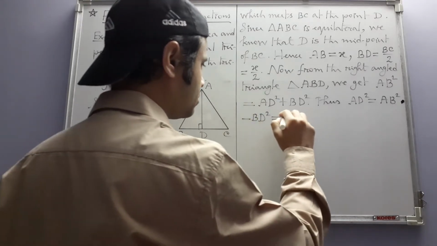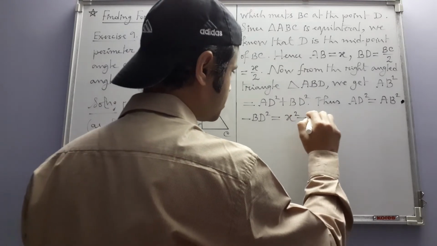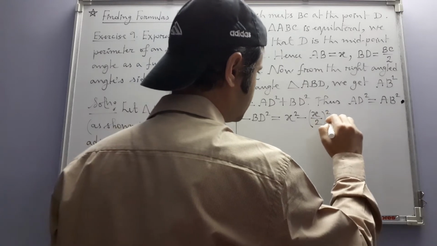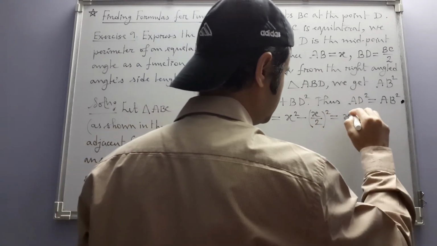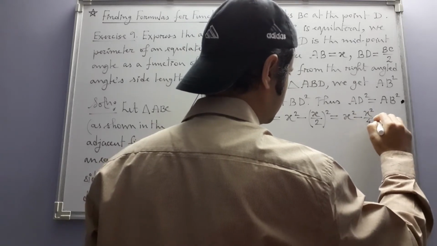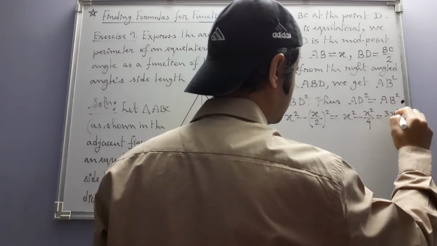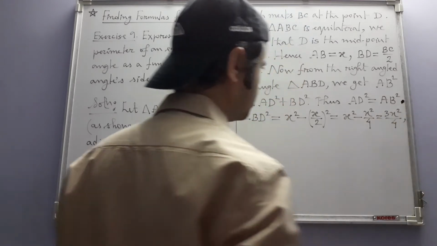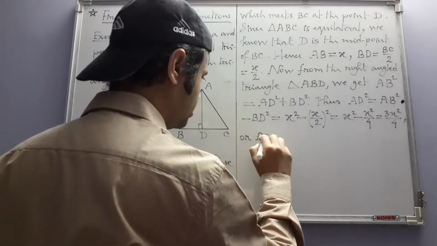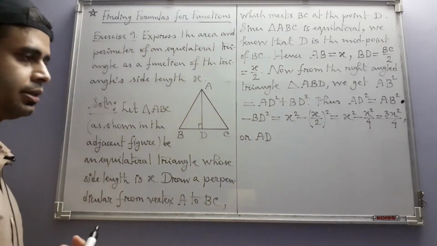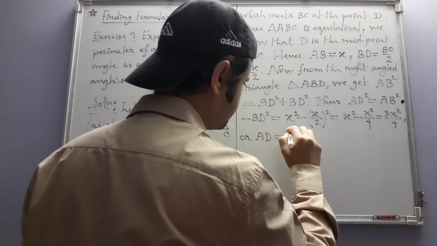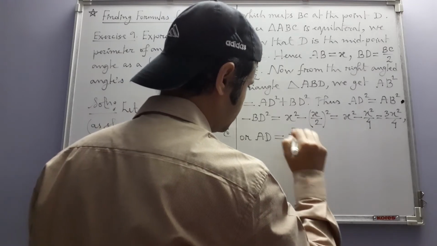That means x square minus x by 2 whole square, which is x square minus x square divided by 4, and that is 3x square divided by 4. Because AD is a length, AD cannot be negative, so AD is the square root of 3 times x divided by 2.